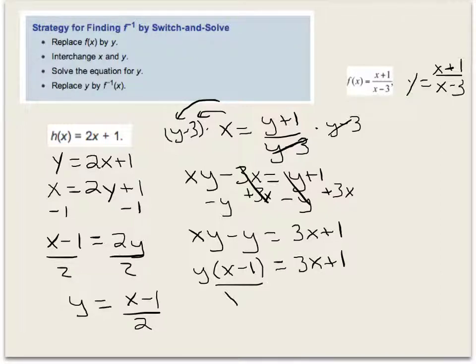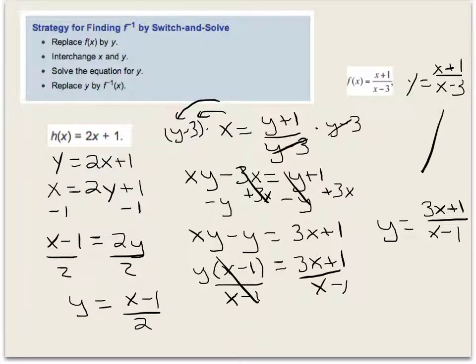So if I divide by x minus 1, those cancel, and my inverse function is y equals 3x plus 1 over x minus 1. So these two functions are inverse functions of one another. Our notation is f inverse of x equals 3x plus 1 over x minus 1.